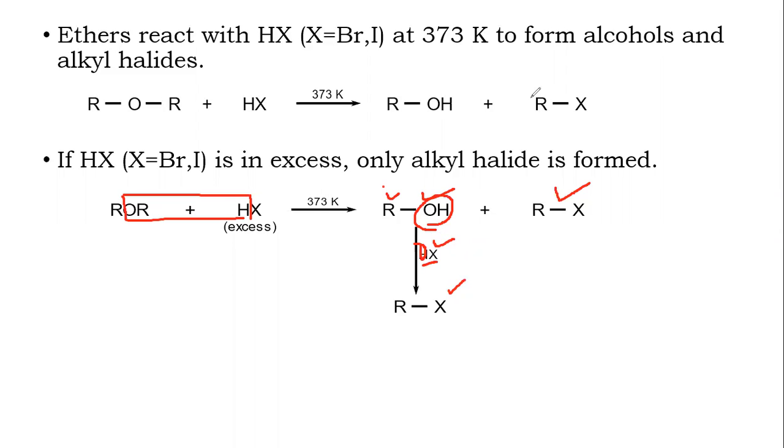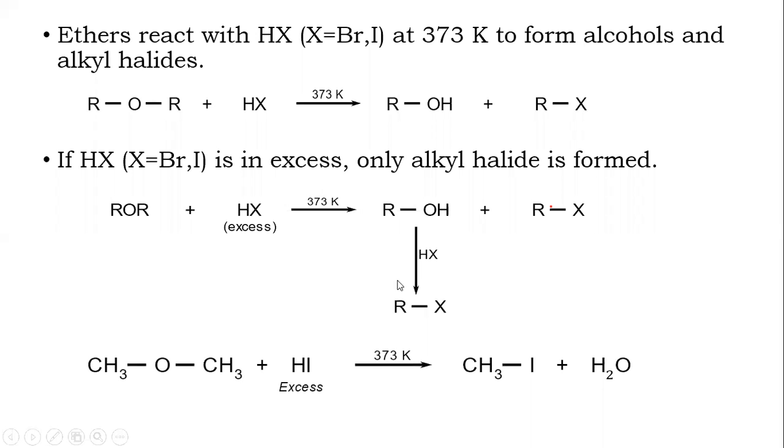Or simply we can write the reaction in a single step in this manner. When methoxymethane is combined with hydrogen iodide in excess, methyl iodide will form with the liberation of a water molecule.